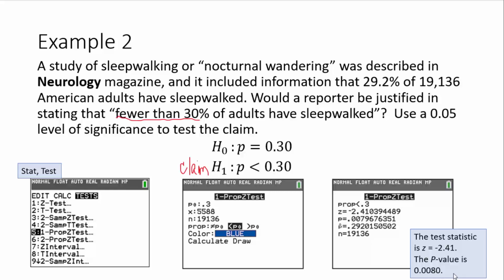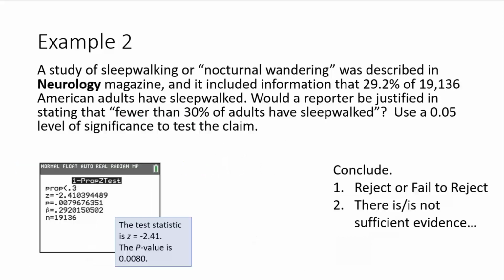So two different ways I can conclude this. I think I have room to do this on the next screen. So if I wanted to do it with the test statistic, that's the one that's here first. I know that my test statistic is negative 2.41.